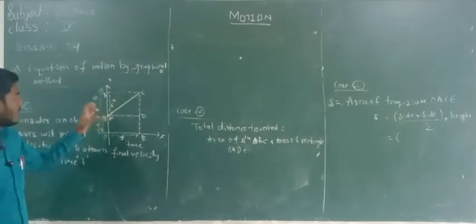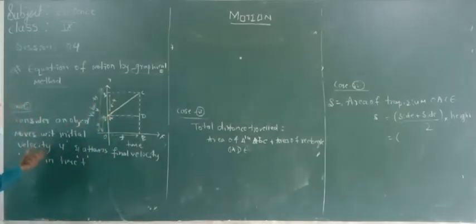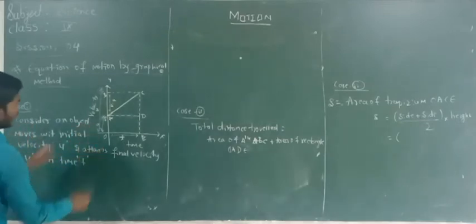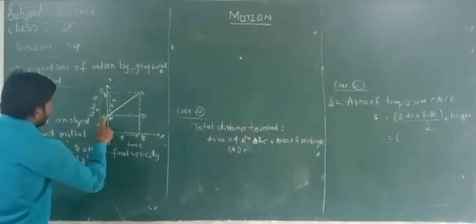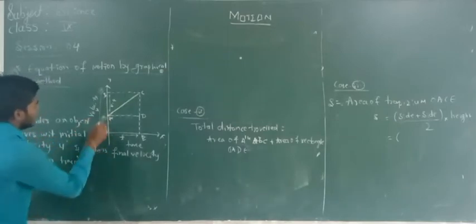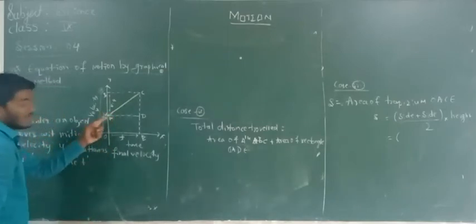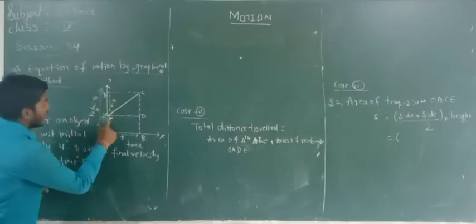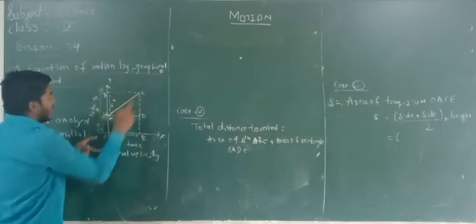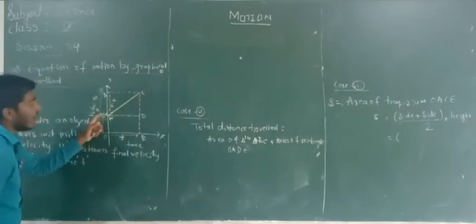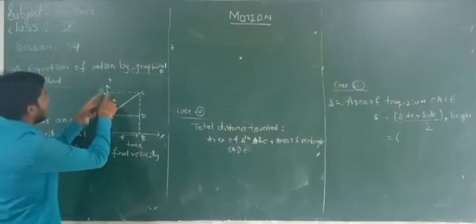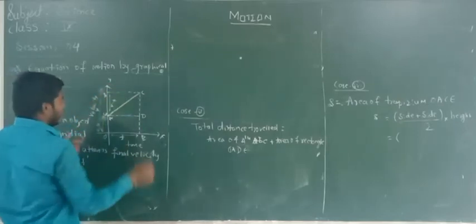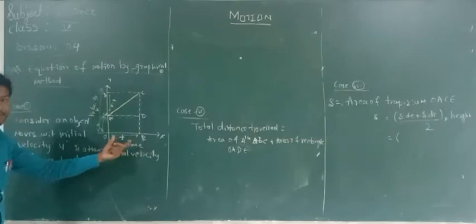See, I am representing here the graphical motion of this object. An object moves with the initial velocity u. This here is u. The object moves from the point A towards C. The initial velocity is u and it attains the final velocity v at a time t.